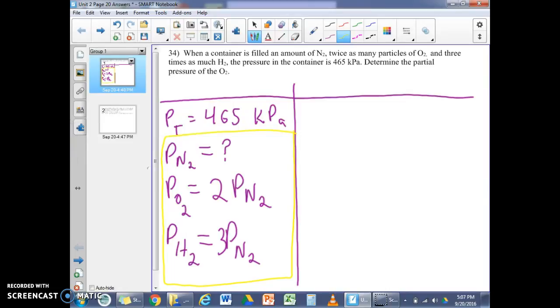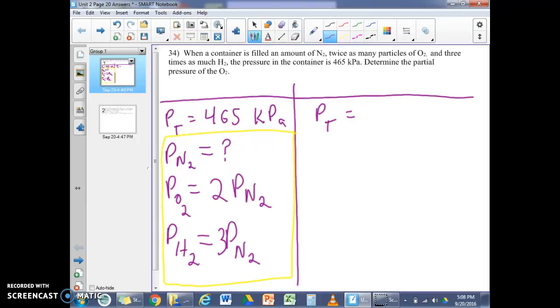So now that I have my data table done, the next thing I want to think about is, well, what formula can I use to answer this question? Well, I even see the word partial pressure, so that kind of clues me in that this is a Dalton's law of partial pressure problem. So Dalton's law of partial pressure says that the total pressure in the container is the sum of the individual pressure from each gas that is in that container.